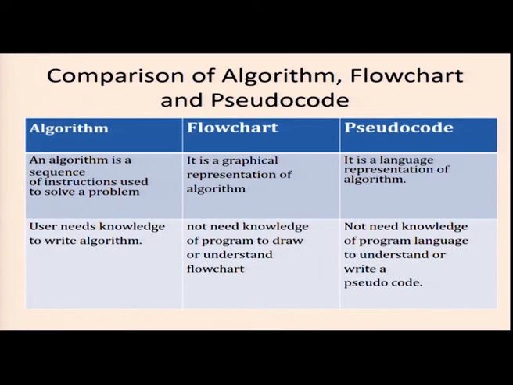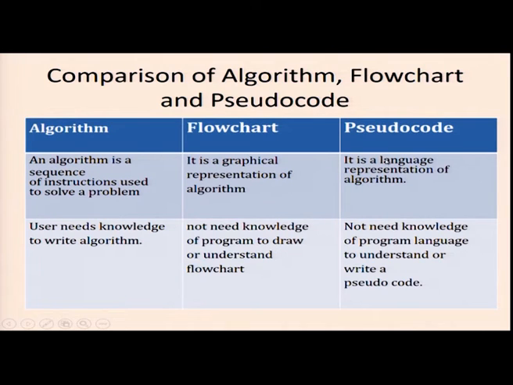Let us have a look at the similarity and difference between using an algorithm, a flowchart, and a pseudocode. What is an algorithm? An algorithm is a sequence of instructions used to solve a problem. A flowchart is a graphical representation of an algorithm.